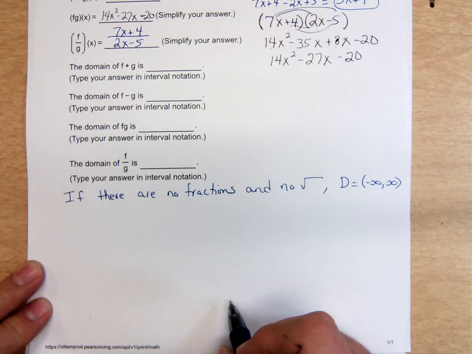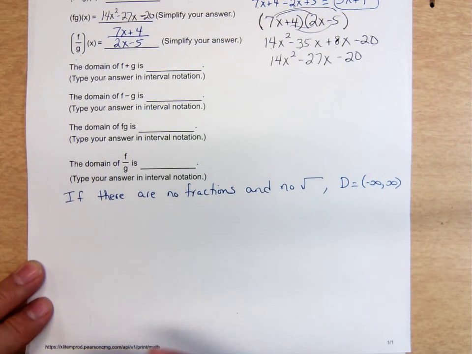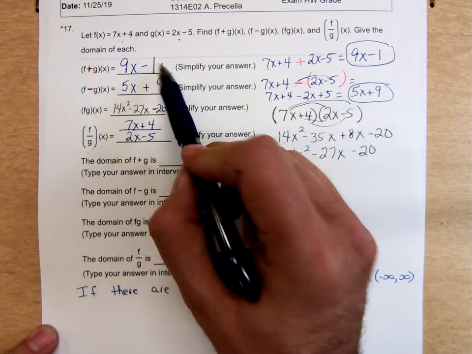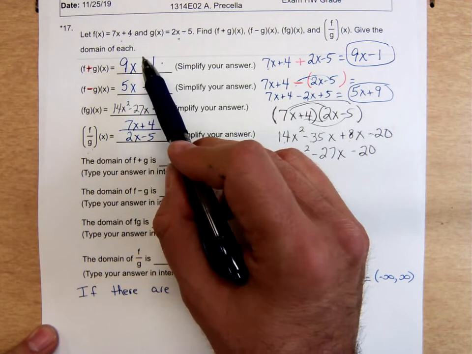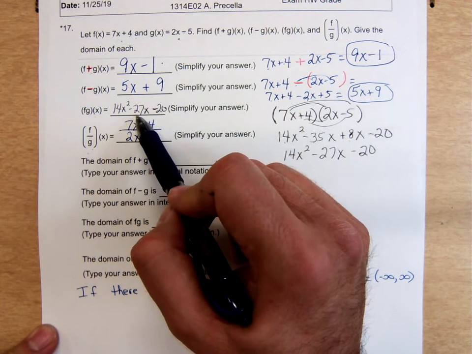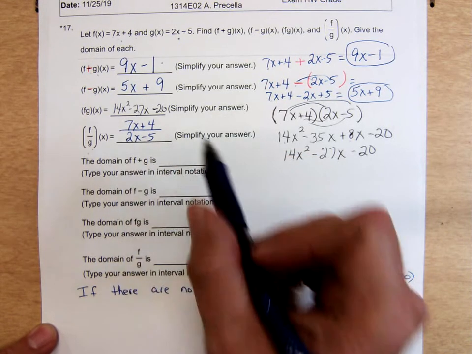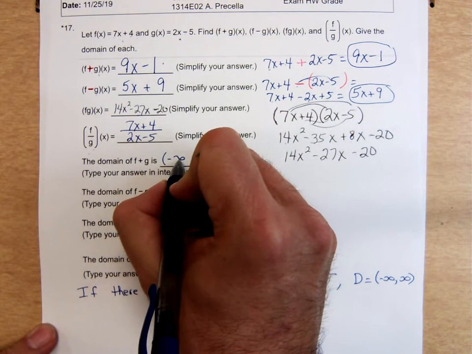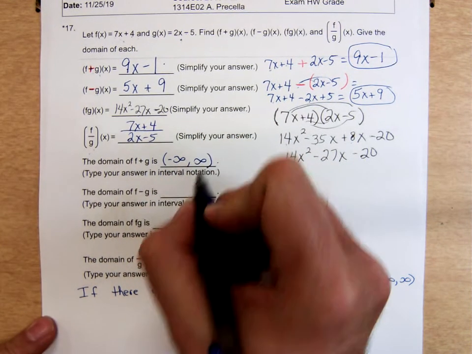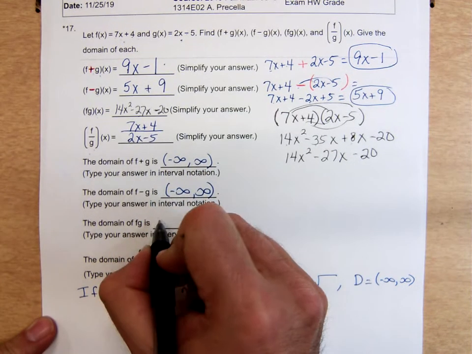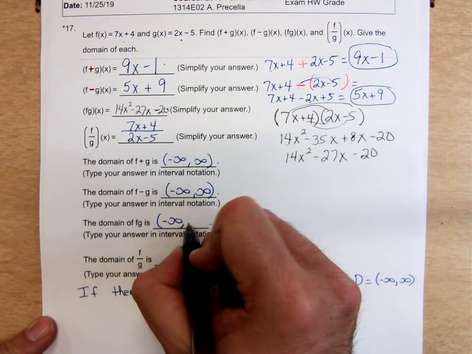So 3 of these are pretty easy. The ones that have no fractions and square root symbols: f plus g, f minus g, and f times g. So you'll just type in negative infinity, comma infinity. Okay.